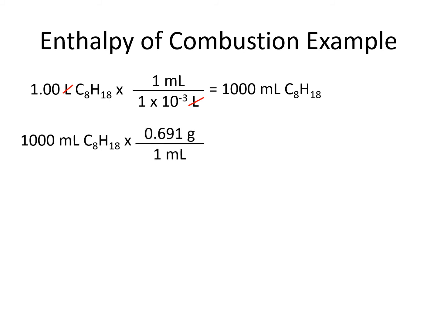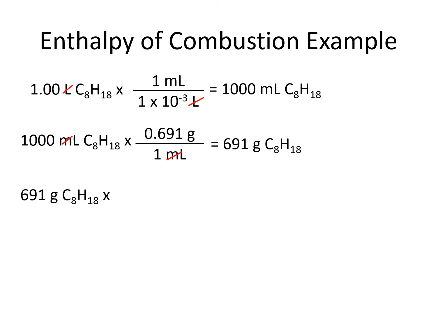Then we can go from milliliters into grams using the density. We're told the density is 0.691 grams per 1 milliliter. So again, that per essentially means divided by. So 1,000 times 0.691 gives us 691 grams of isooctane.